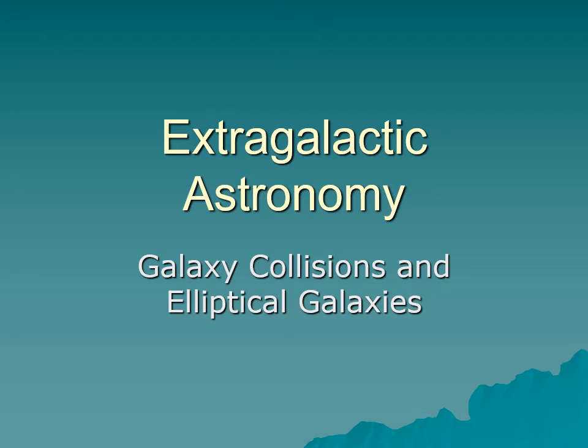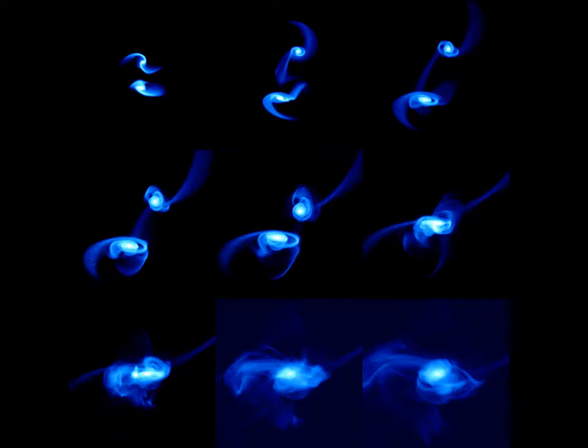Our previous lecture talked about galaxy collisions. So I want to expand that. I ended with the idea that when galaxies collide, the collision could actually strip a lot of interstellar medium from the galaxy. The remaining galaxy has very little interstellar medium.